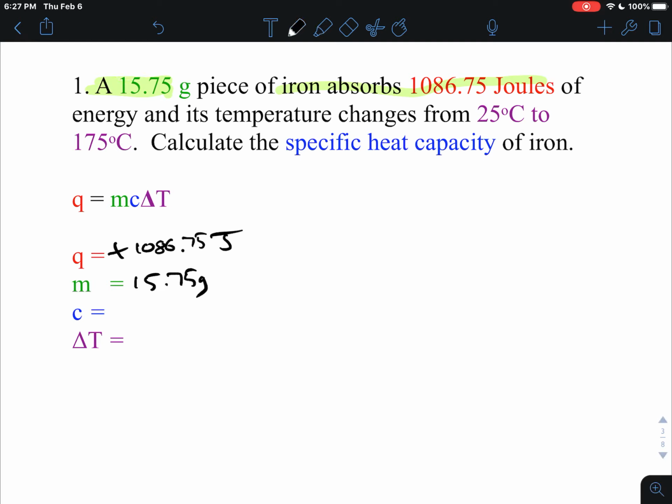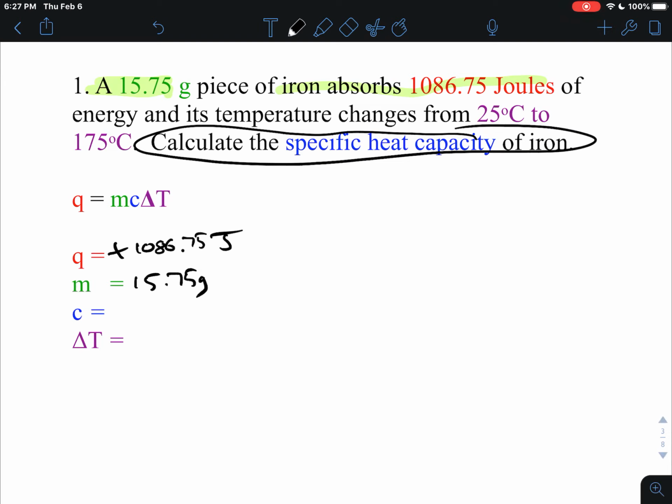C is our unknown, since we're calculating the specific heat of the iron. And then delta T is the change in temperature. Our temperature goes from 25 to 175, so my temperature goes up by 150 degrees.